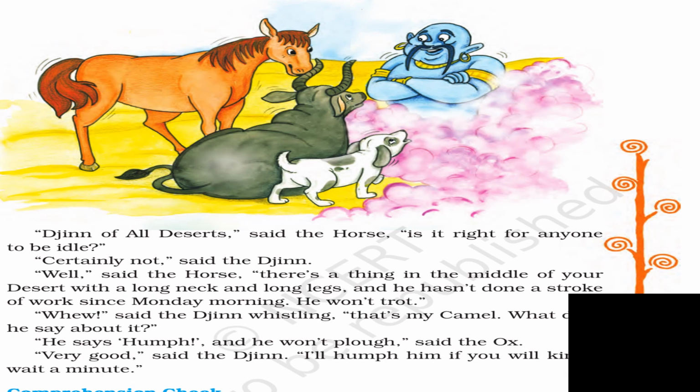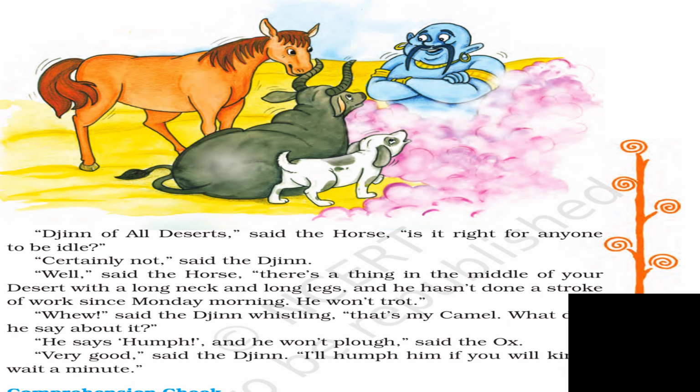At this, Djinn answered that no, it is not good, and it must not be done. "Well," said the horse, "there is a thing in the middle of your desert with a long neck and long legs, and he has not done a stroke of work since Monday morning. He won't trot."